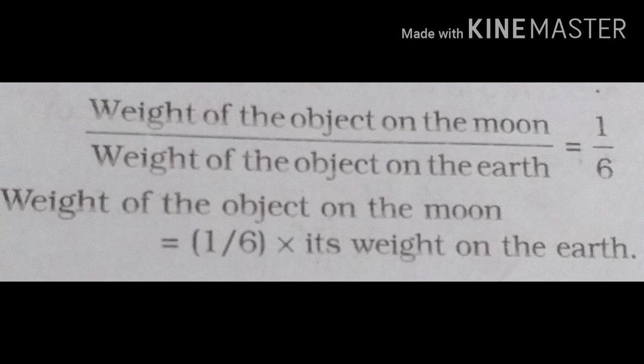Now we find the weight of the object on the moon, because that is what we are finding. So the weight of the object on the moon equals 1 by 6 into its weight on the earth. With this we have concluded that weight changes according to the place, although the mass stays the same.